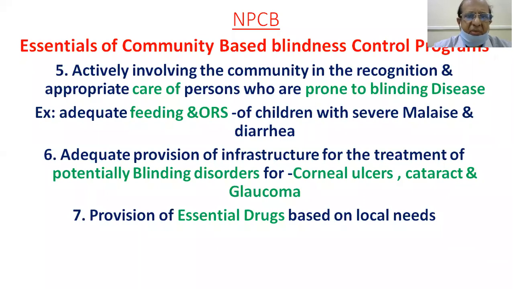Also adequate feeding and ORS for children with severe measles and diarrhea. Children are very prone because feeding is inadequate, balanced nutrition is not available, and with diarrhea they may not be getting ORS appropriately. So these two things should be taken care of, ORS and appropriate feeding.